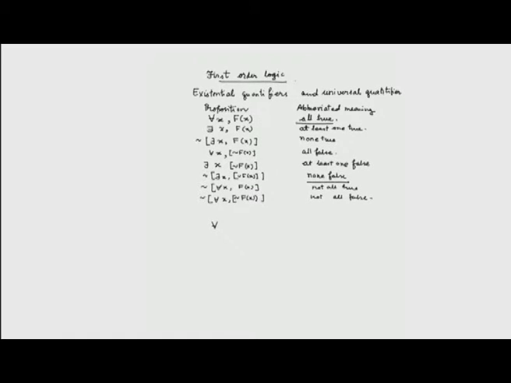All true is for all x f x, and none false is negation of there exists x such that not of f x is true. So, all true and none false should be same. So, they are equivalent.